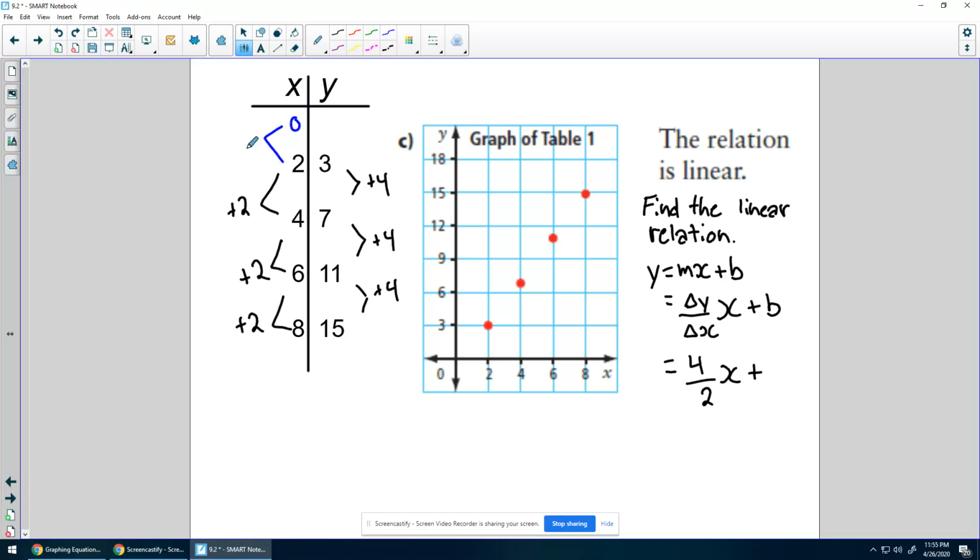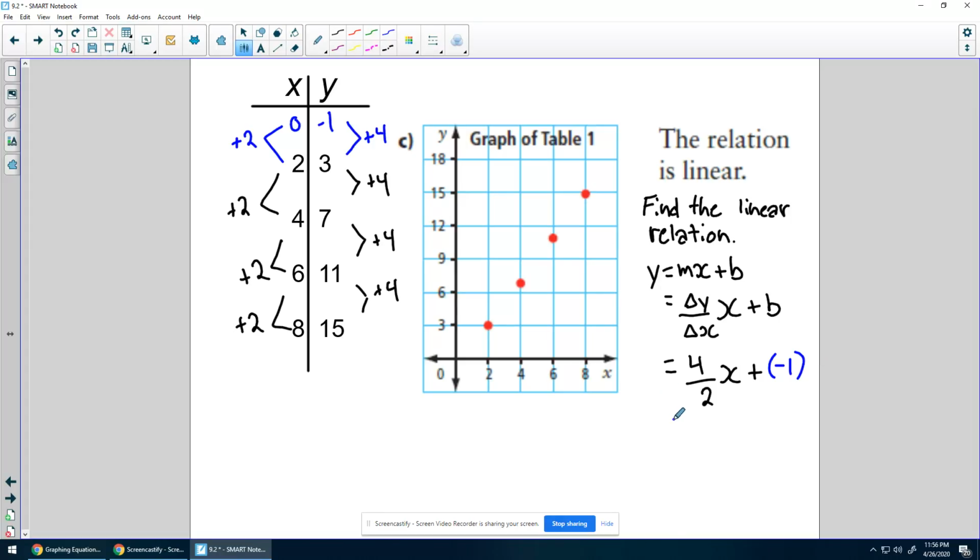Well, we know that we're going up by 2 here, and we know we're going up by 4 here. So if we're going to add 4 this way, if we're going backwards, what are we going to do? We're going to take away 4. So what's 3 minus 4? -1. Okay. So we're going to add -1.